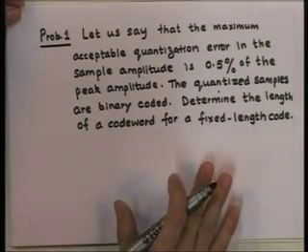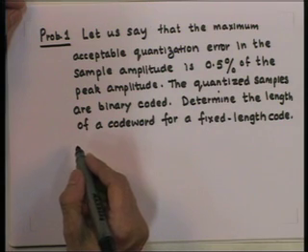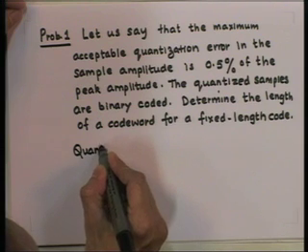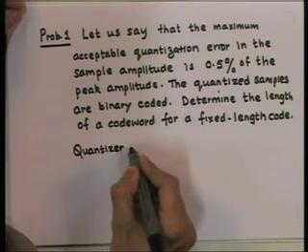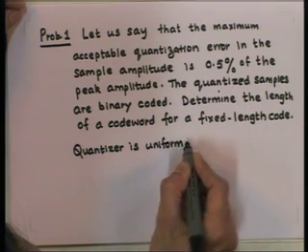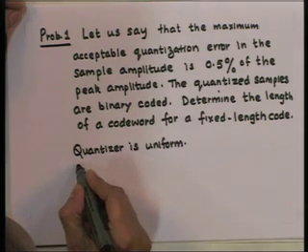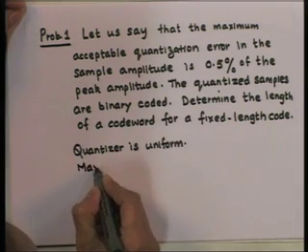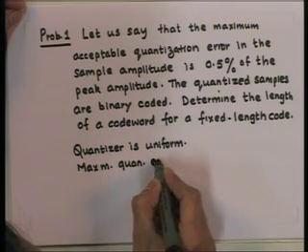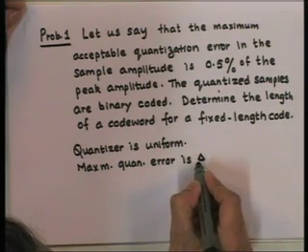Now, the solution to this problem is as follows. So, we assume that the quantizer is uniform. So, the maximum quantization error in terms of step size delta is delta by 2.